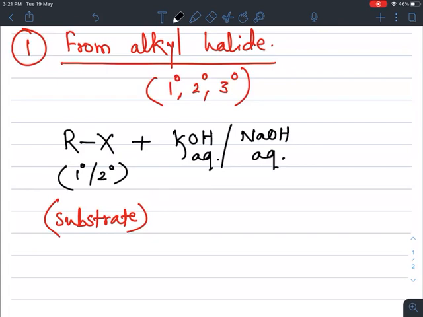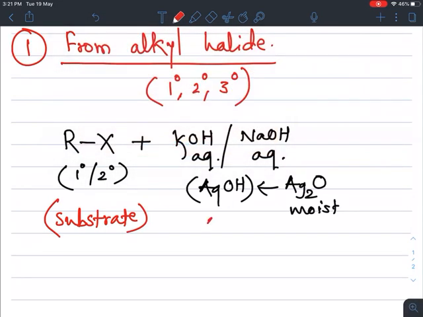Or moist silver oxide may be used. Moist silver oxide, Ag2O, behaves as AgOH. These are the reagents, and any one of them is used at a time.